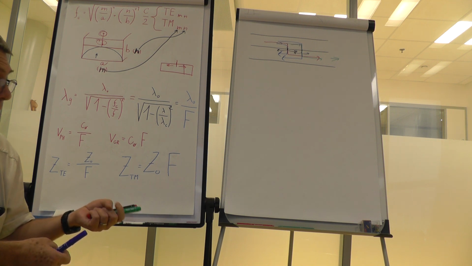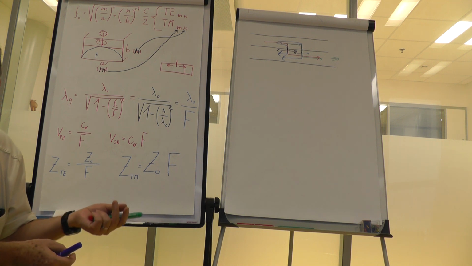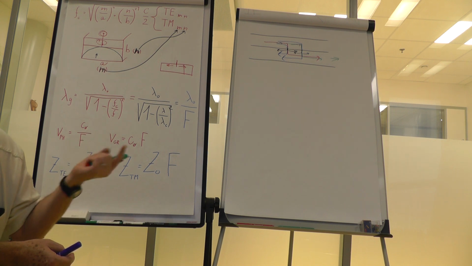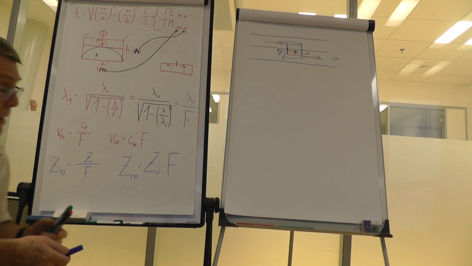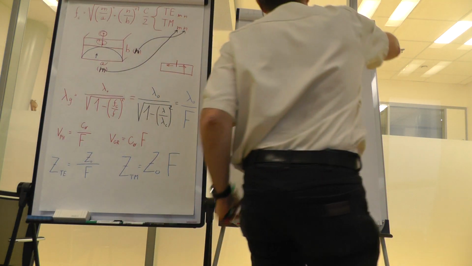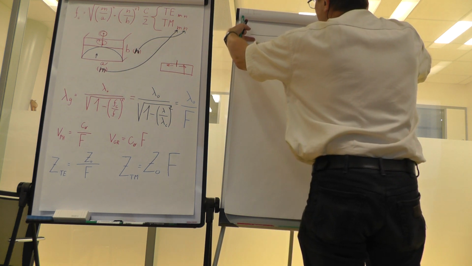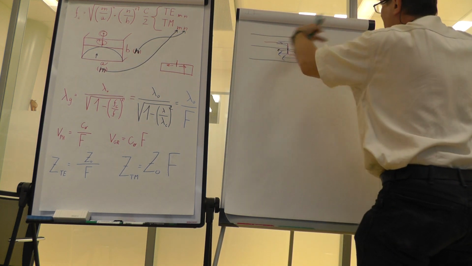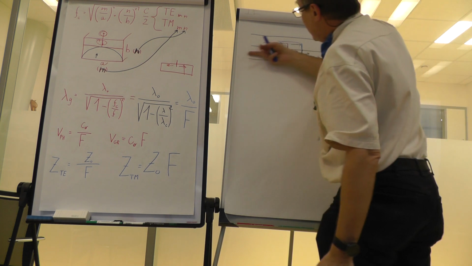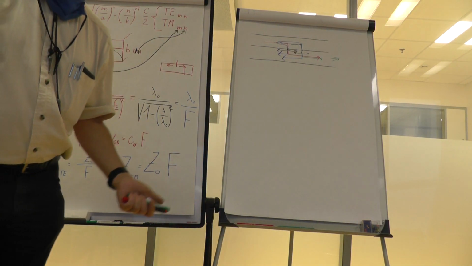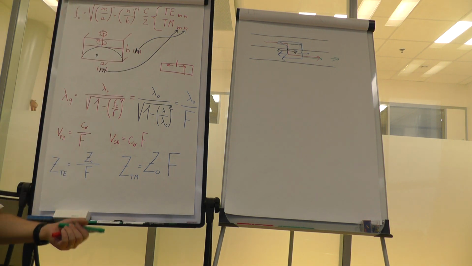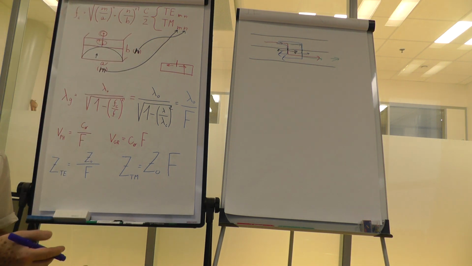So we call this a coupler, and it can tell us the direction of the wave in the main waveguide. For example, if there is a load that is not matched, then we put in an input signal. Then we have here the sample of the incoming wave. Here is the sample of the reflected wave. We can put a detector into each branch, and we can get the standing wave ratio in that waveguide.